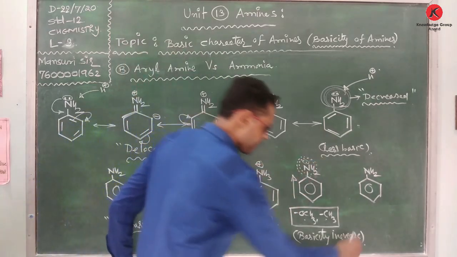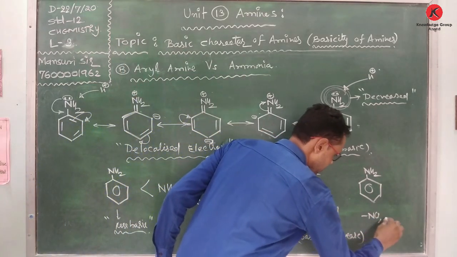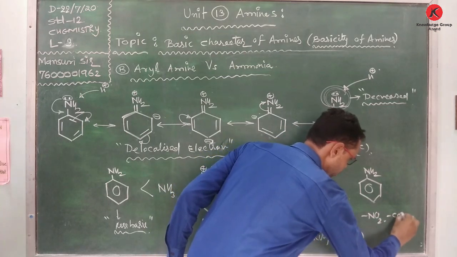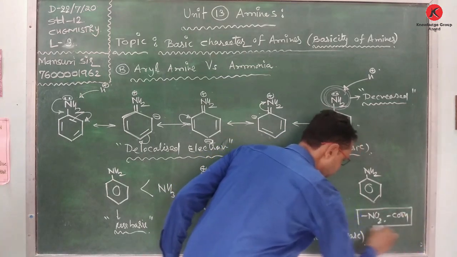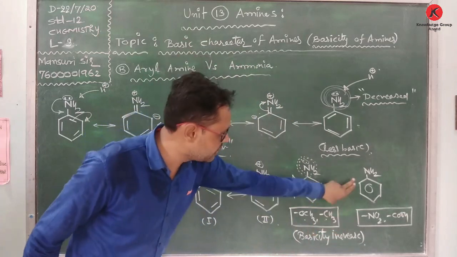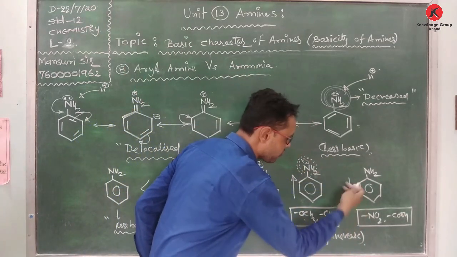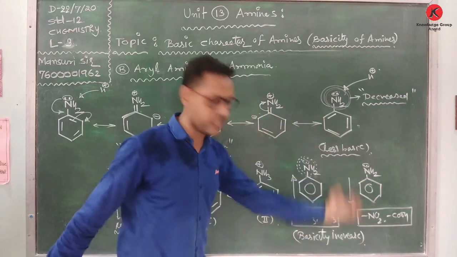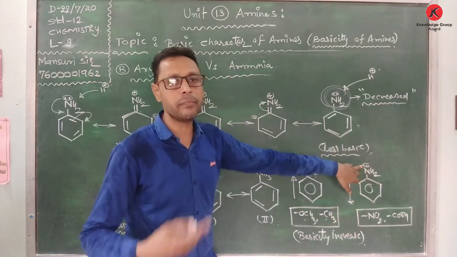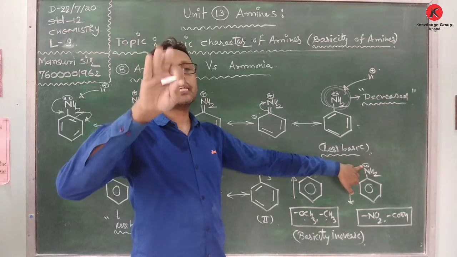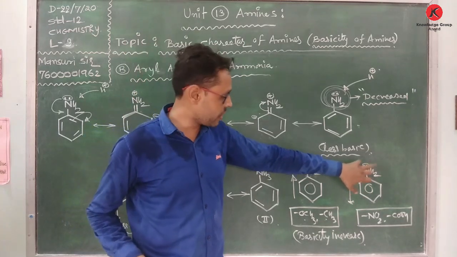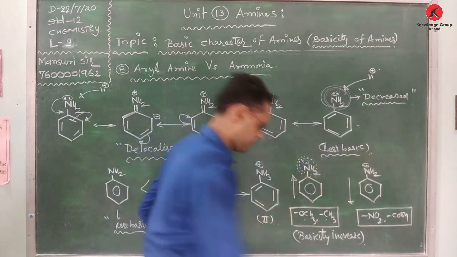But whenever a nitro group, COOH, this type of group is attached toward the aniline, then these groups accept the electron from the nitrogen. That is why nitrogen has less electron density. That is why it becomes less basic.